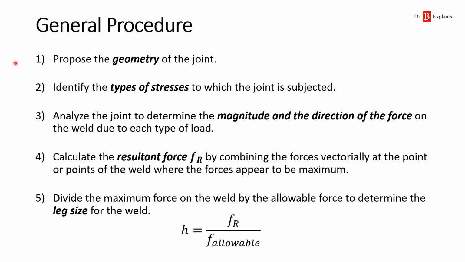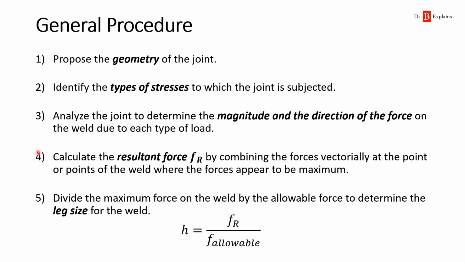Before we go ahead and solve it, first let's go over the general procedure. Number 1, propose the geometry of the joint. Number 2, identify the types of stresses that are acting on that joint. Number 3, analyze the joint and determine the magnitude and direction of the forces on the weld due to each type of load or type of stress from number 2.